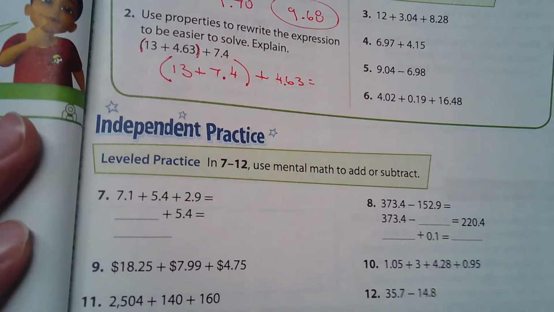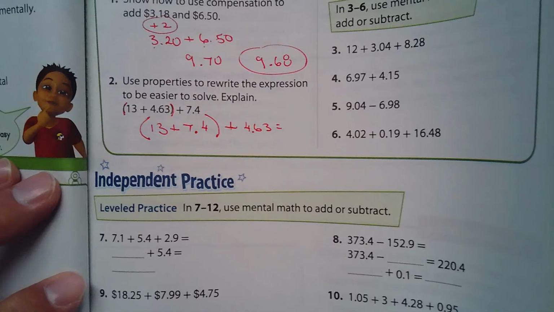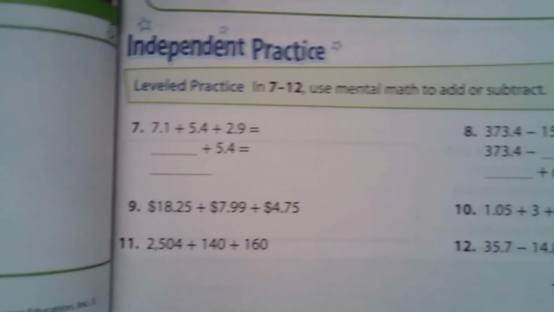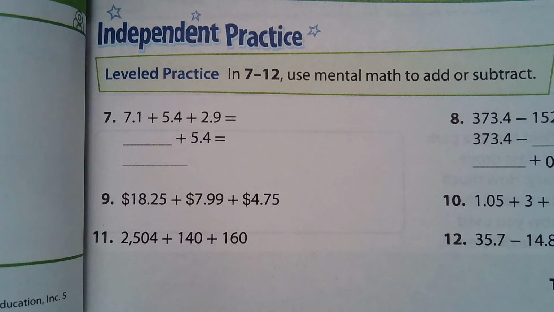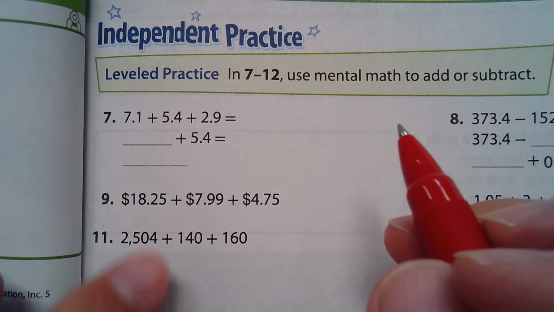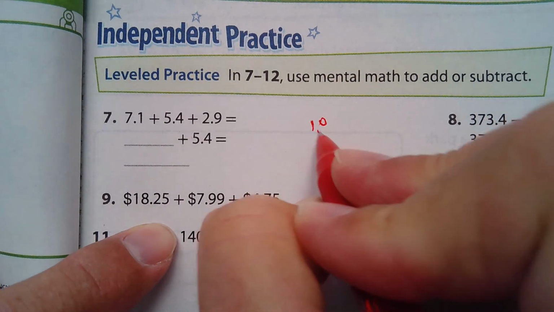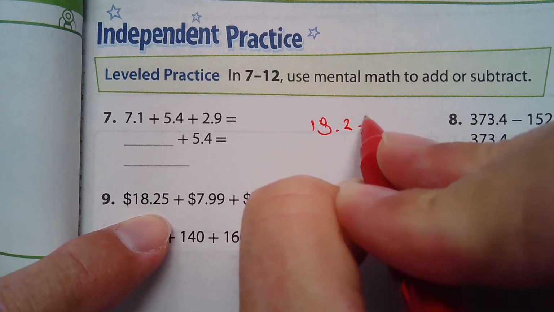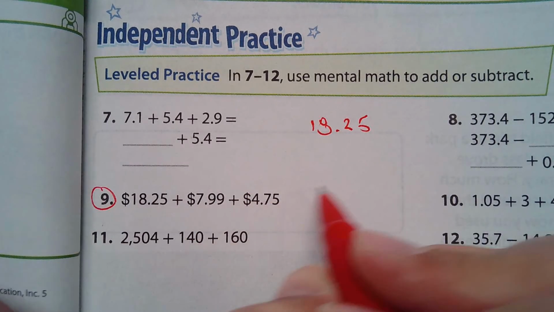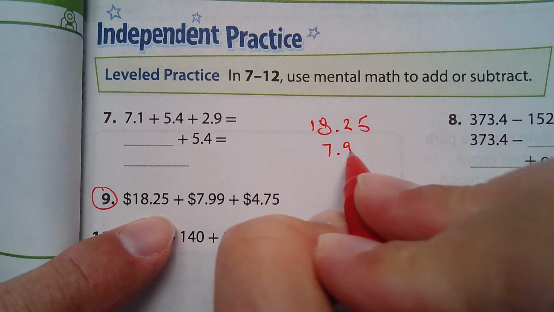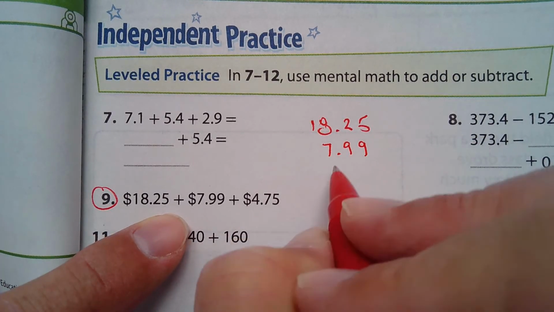So I'm going to do one of these because some of you actually struggled doing these kinds of problems the other day. Remember, when you're adding decimals, you just line up the decimals. 18.25, this is number 9 I'm doing here. And 7.99 and 4.75.